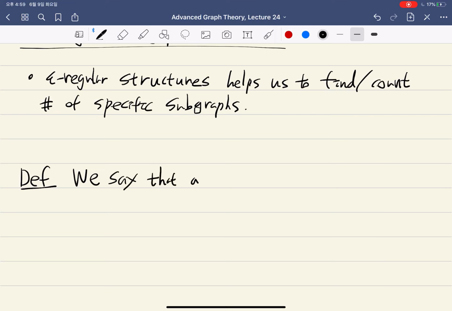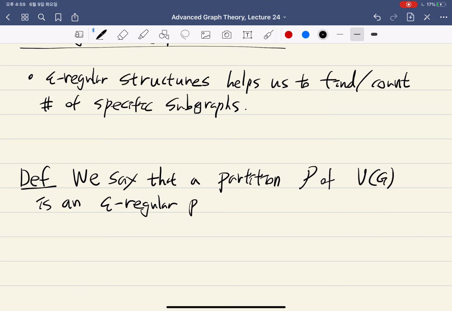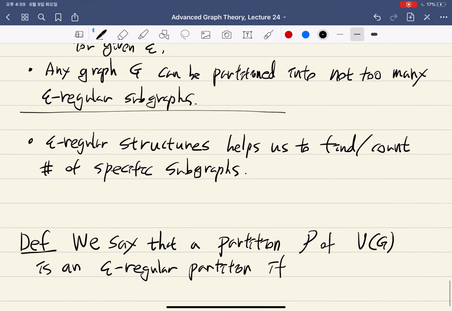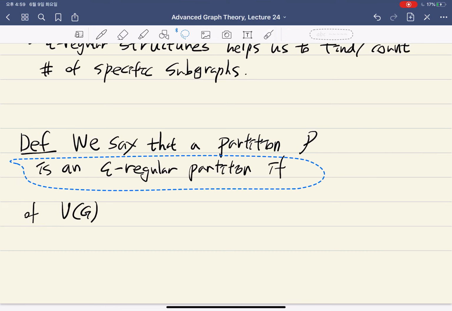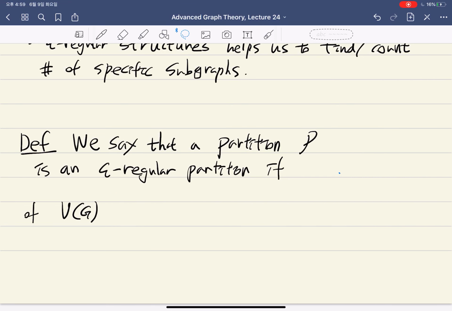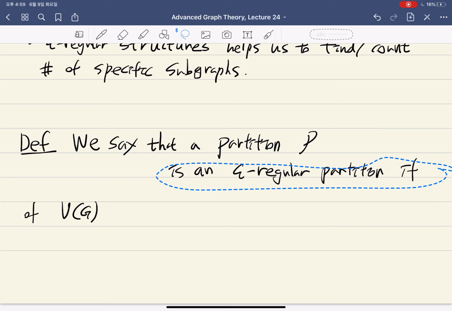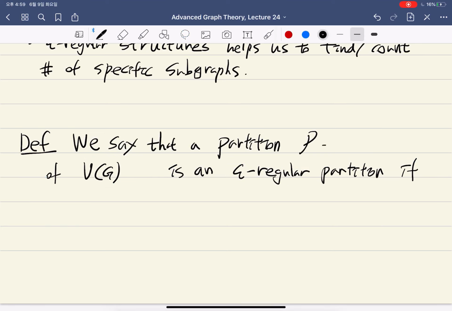We say that a partition P of the vertices in G is an epsilon regular partition if, so let's say this P consists of V1 to Vk.